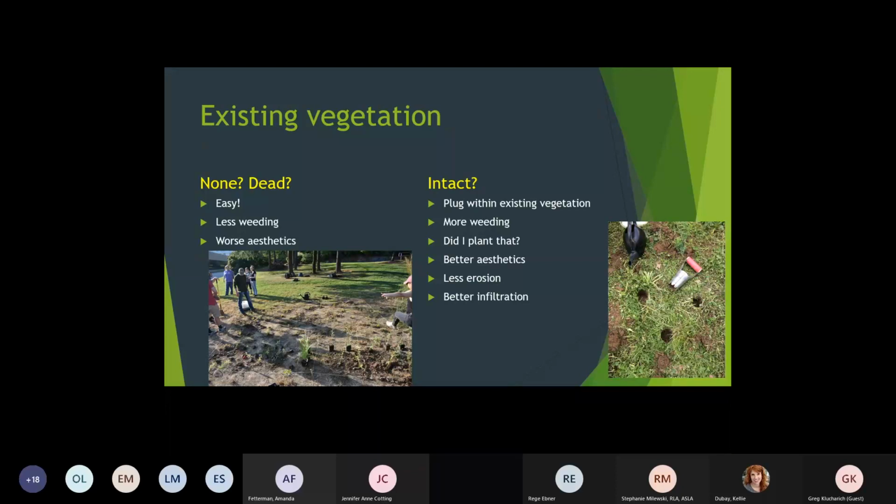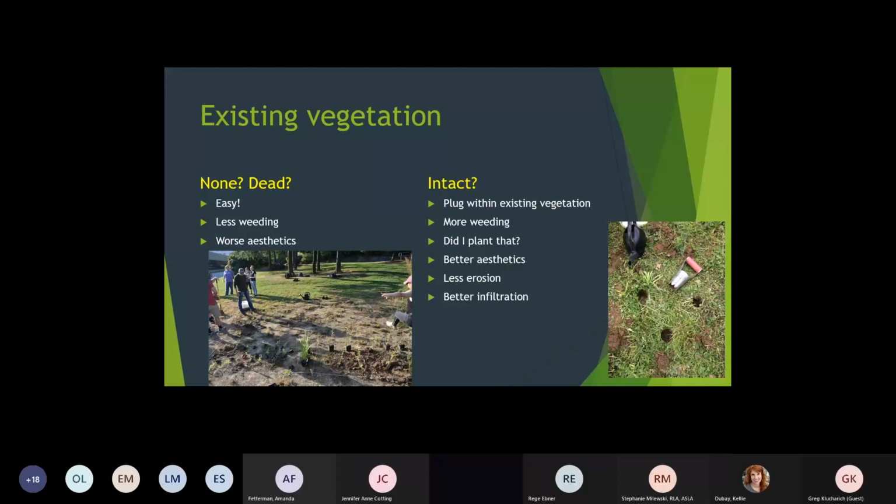So we initially planted 60 plants, and 60 plants in 480 square feet looked underwhelming, let's say. But then in spring of 20, the turf grass started to recover. Probably it was propagating in from the sides. And so at that point, I needed to plug within the existing vegetation.